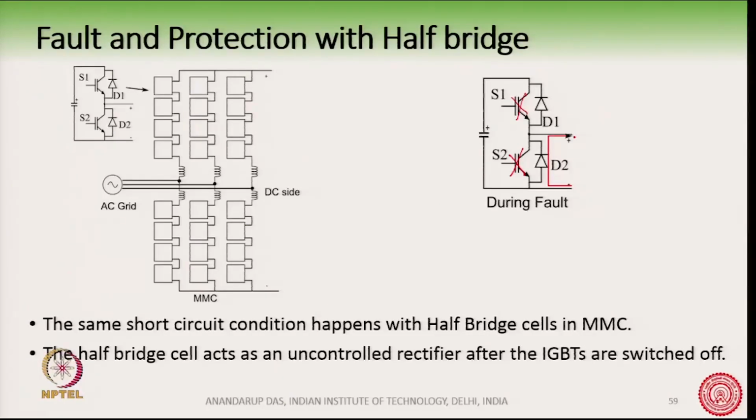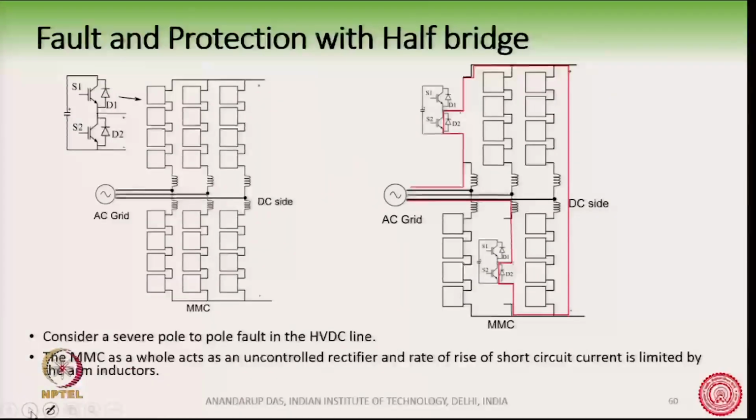Suppose now this MMC is acting as a rectifier for an HVDC line, and we have a very severe pole to pole fault in the HVDC line. So, this is a very severe fault here and there is a pole to pole short circuit.